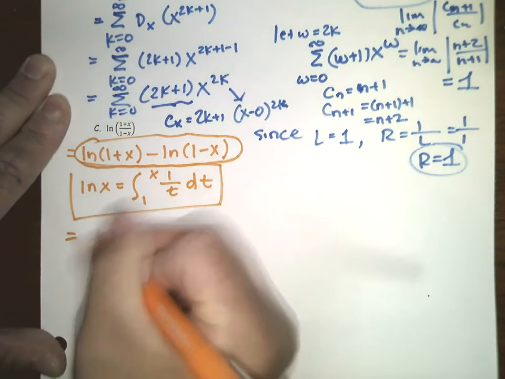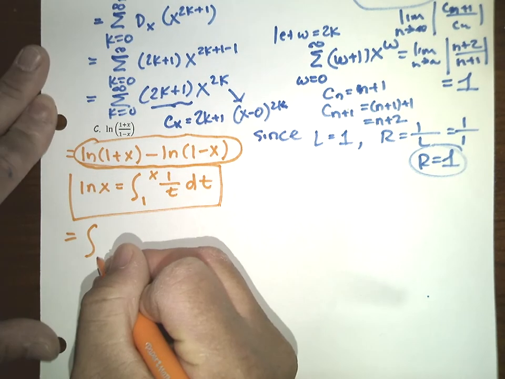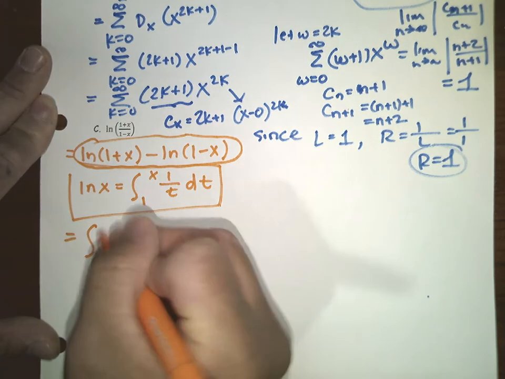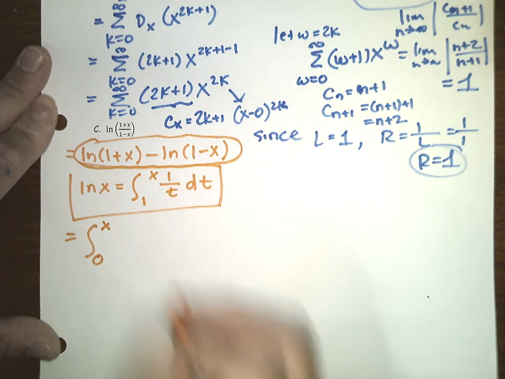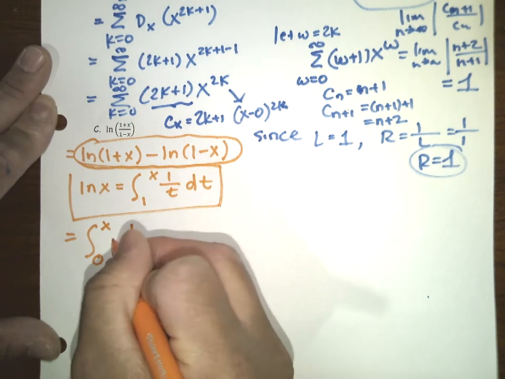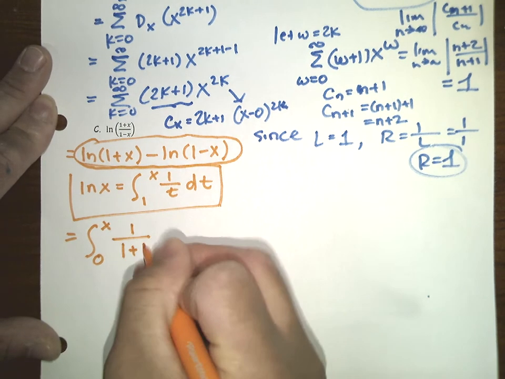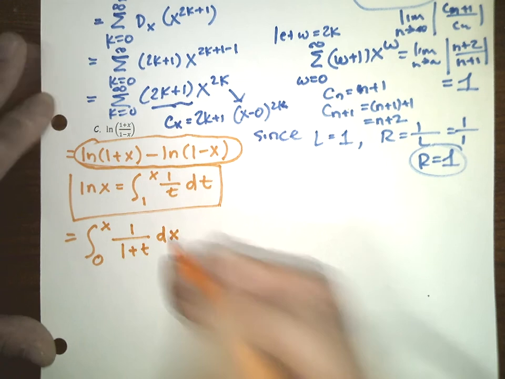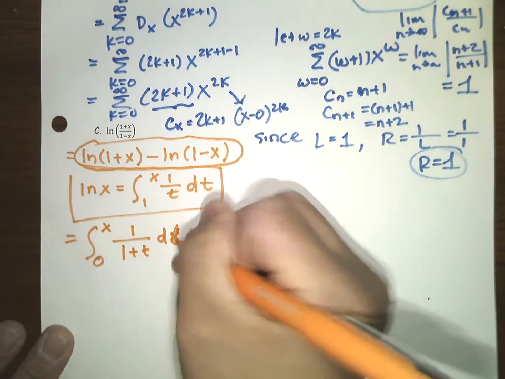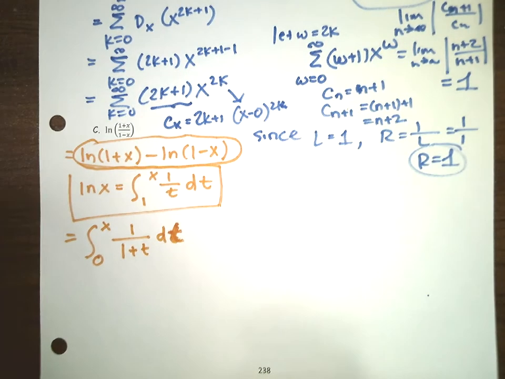So this will be the integral from 0 to x of 1 over 1 plus t dt.